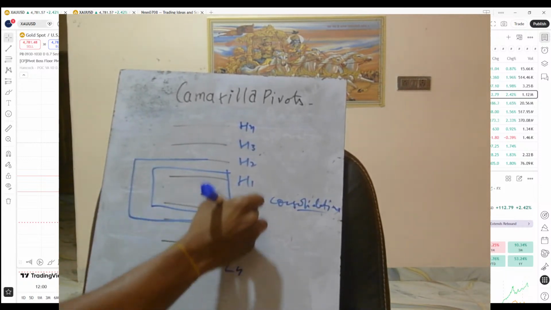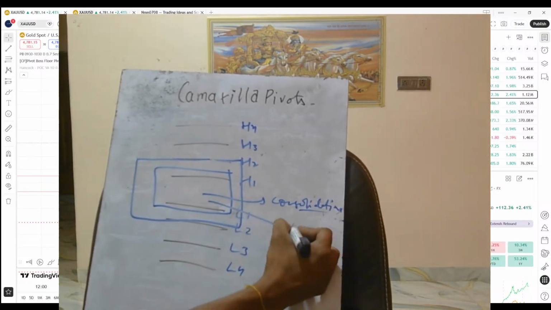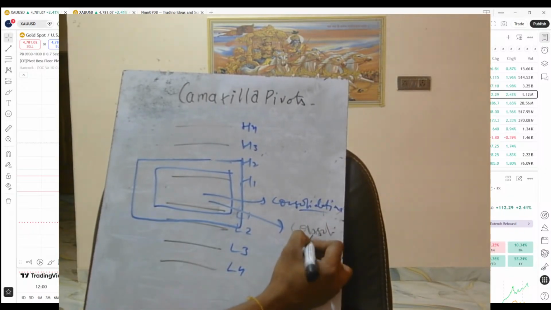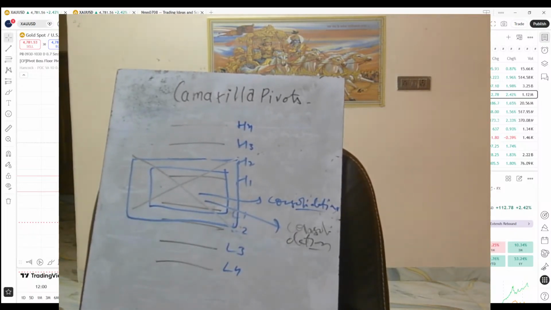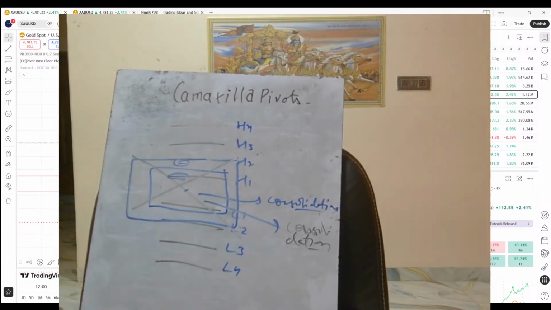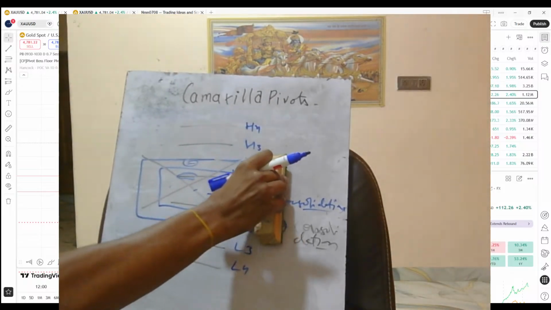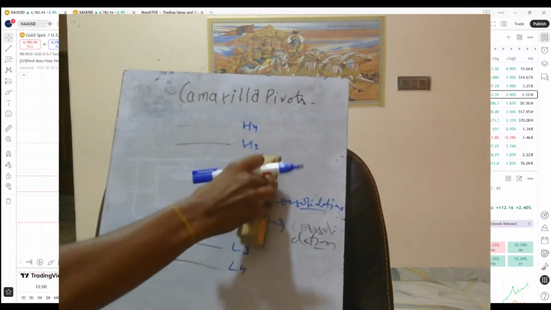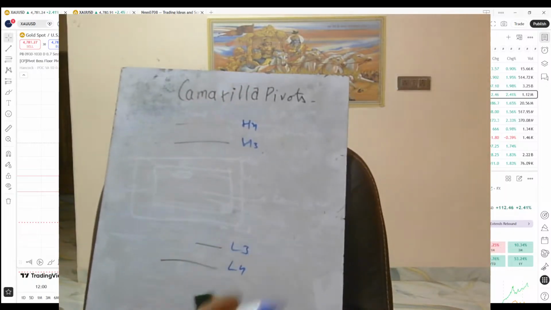When opening is between layer 1 and layer 2, and previous close is also in layer 1 and layer 2, it is consolidation. We can ignore these cases, because no range has changed. So do not trade between layer 1 and layer 2 of the Camarilla pivots.